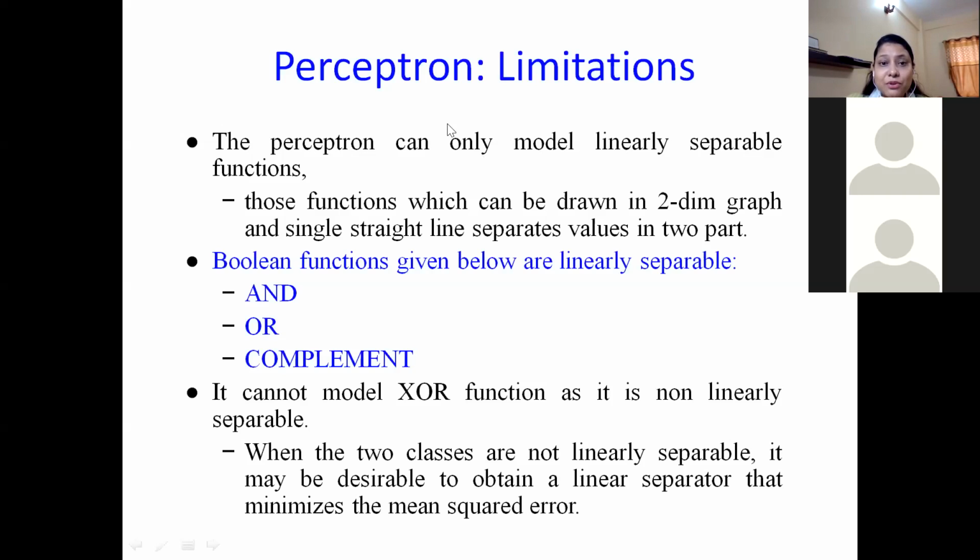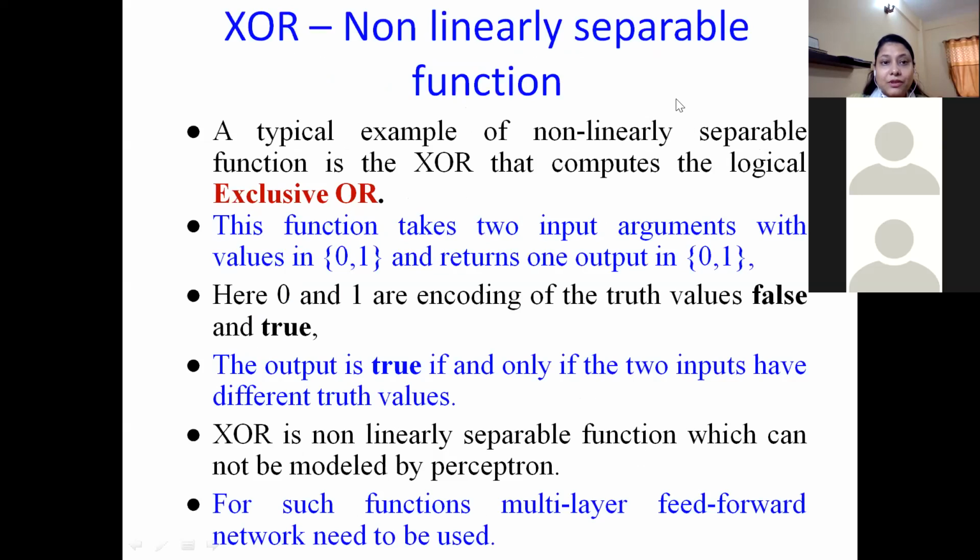So can we have that particular example? What this XOR function is all about, I want to recapitulate, although we all know about it. It is a non-linearly separable function, which computes the Boolean logic function of exclusive OR.